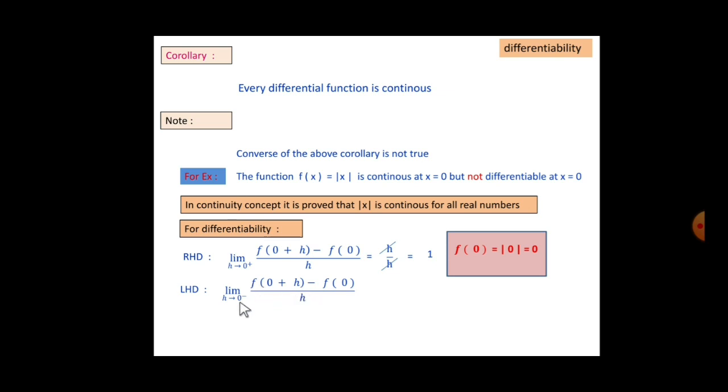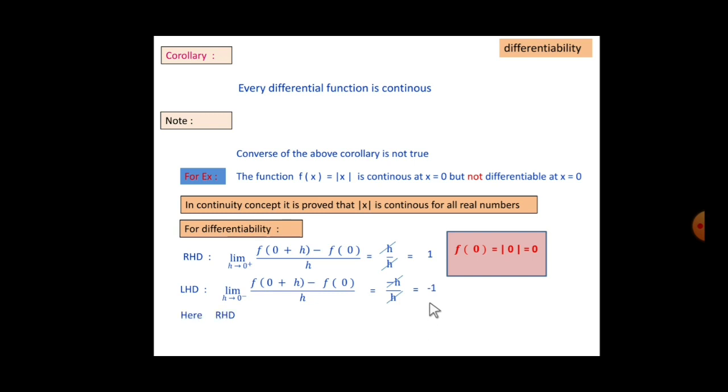Here h is approaching 0 from less than 0, which means the function becomes minus h, divided by h as it is. Here this cancels and it becomes minus 1.